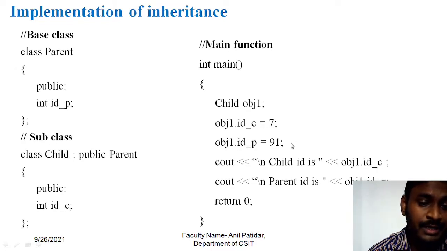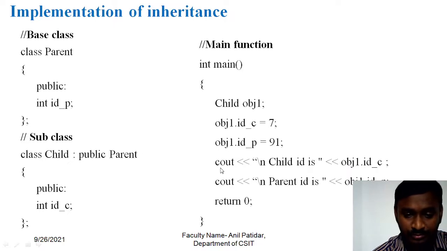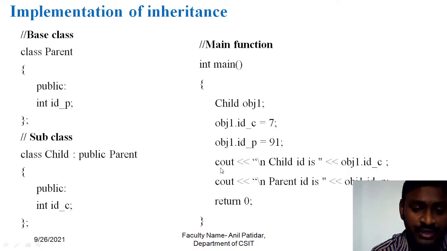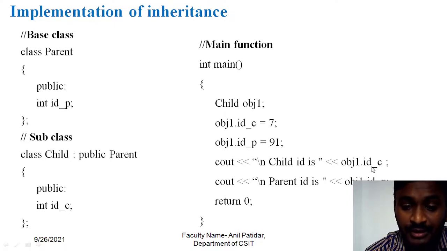Now call the parent data member with the help of the child object. So obj1.id_p is equal to 91. Now print the values. For printing the values we use the cout statement. So child id is obj1.id_c.